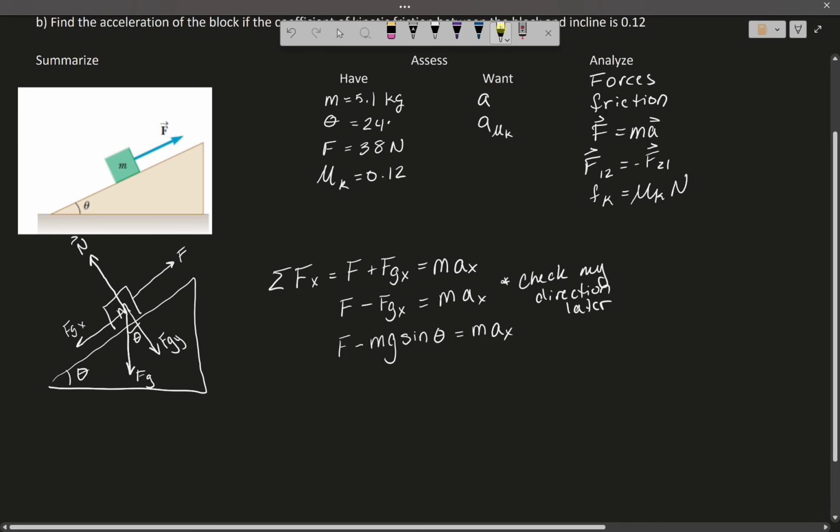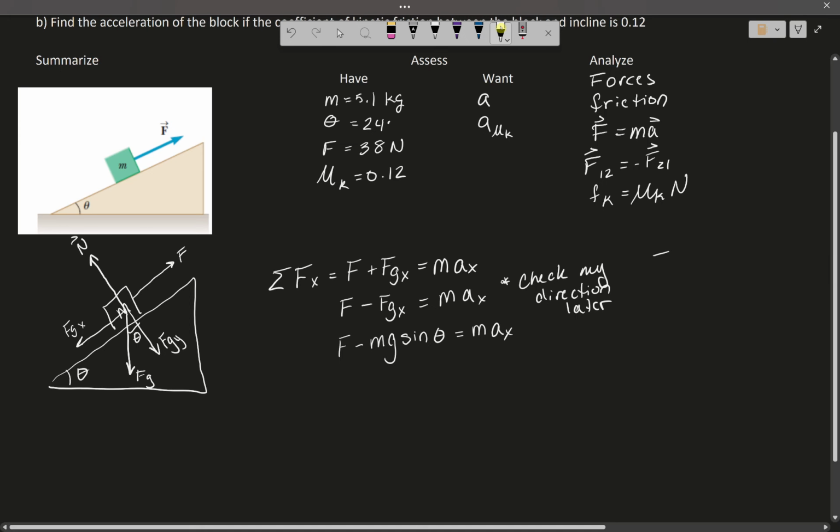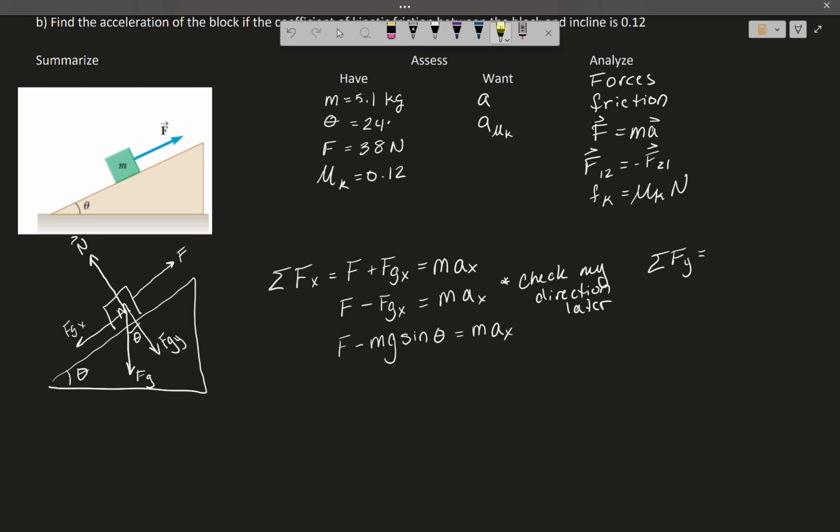The next thing that I'll want to do is determine whether or not I need to even consider the summation of forces in the y direction. Because this applied force is going directly in the x direction, it's not going to produce any acceleration in the y direction.